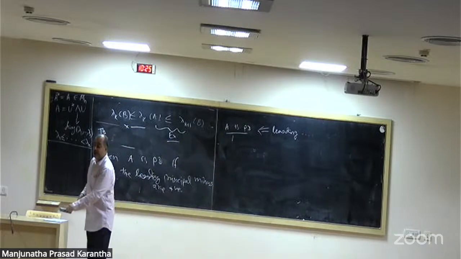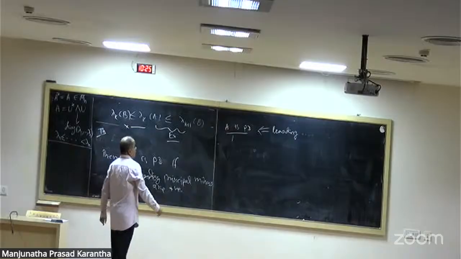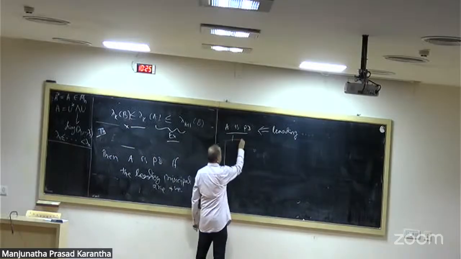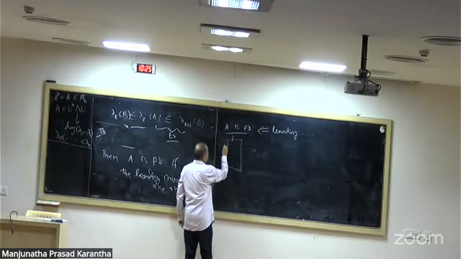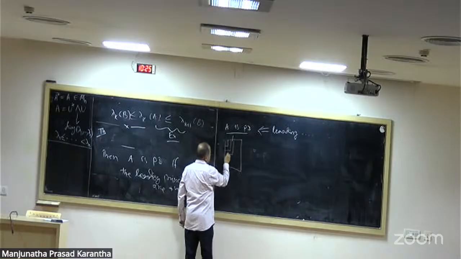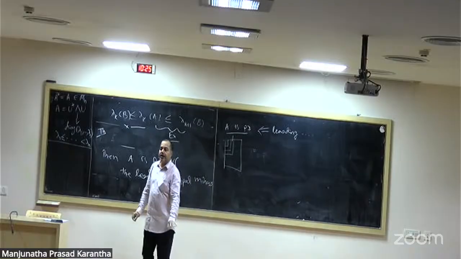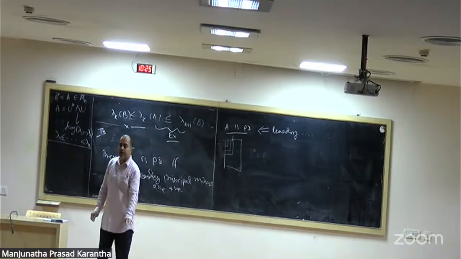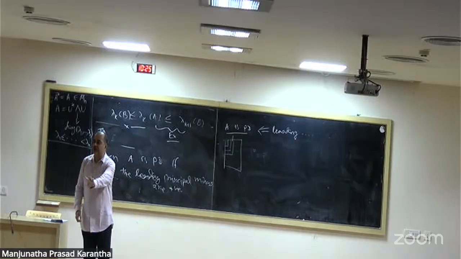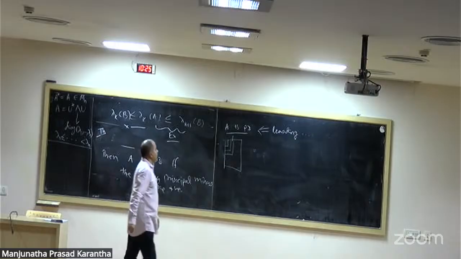Leading principal minors means, like I told you, when you take the matrix, consider this one, consider this one, consider this one like this, and take their determinants. Those are positive. If those determinants are positive, then it turns out that A is positive definite.